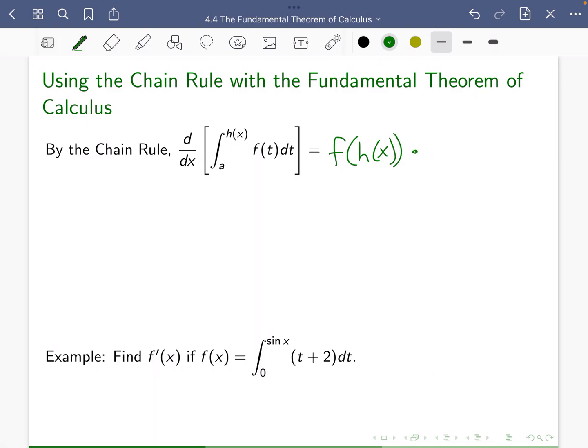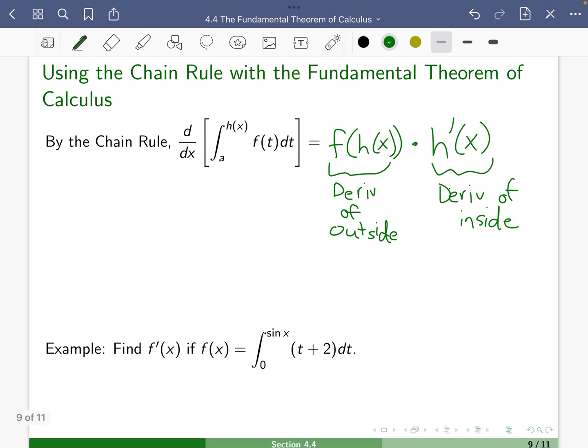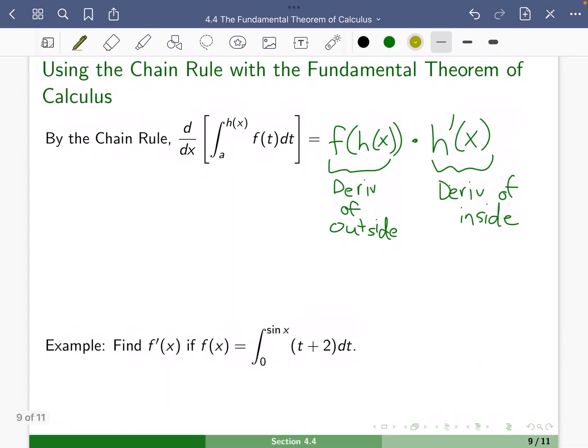But then the chain rule tells us we also need to pick up an h prime of x. So this is the derivative of the outside, and this is the derivative of the inside. Let's see that in an example.